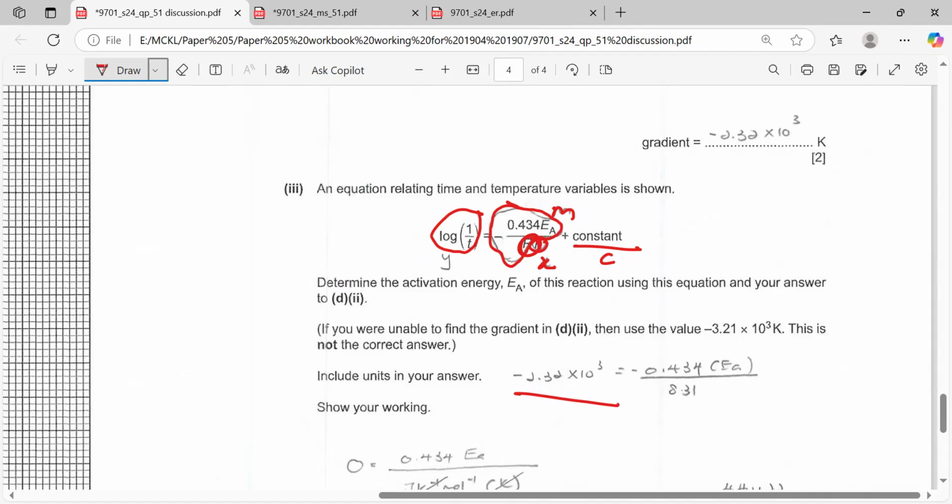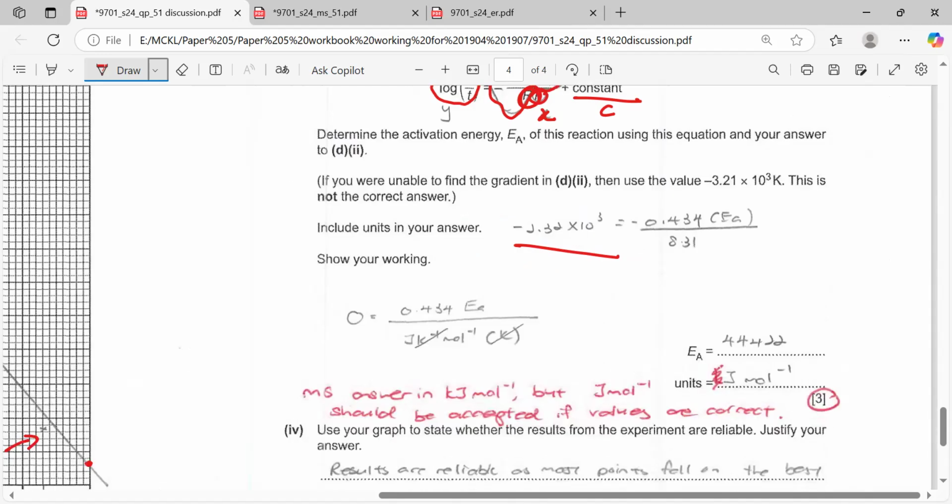You have to follow your exam series R. So for me, the exam series is 8.31. Therefore, I put 8.31. Please check. Sometimes 8.31, sometimes 8.314. I don't know which version yours is. Please go according to your question paper series. All right. So mine is 8.31 according to my table of specification. So I put 8.31. So therefore, you can calculate what your Ea is.